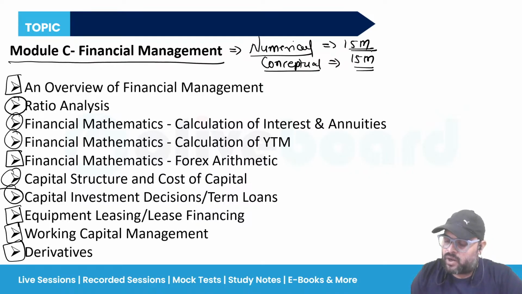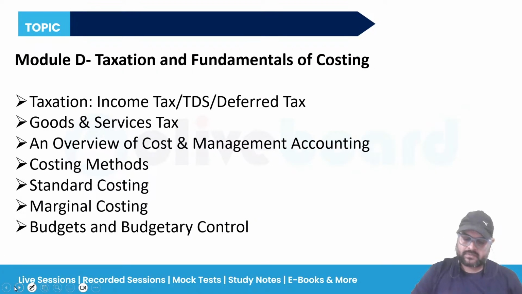That's the way of looking into module C. This is a module which requires a lot of use of calculator and computation. You have to remember the formulas. You have to prepare handwritten formula sheets during the classes. This module requires your intensive commitment during the preparation.